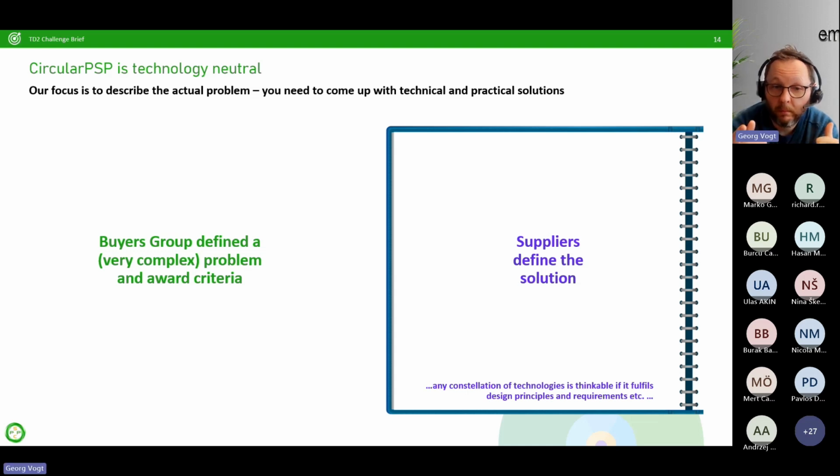Good. Okay. No questions about the procedure. Everybody understood how to write the tender. Great. At least at this point, no questions about the circular PSP challenge brief. Okay. If you have admin questions, you can also ask them.